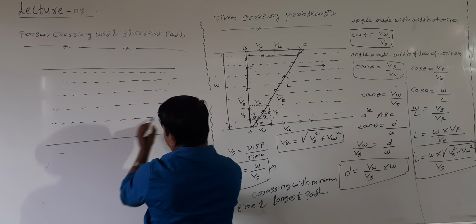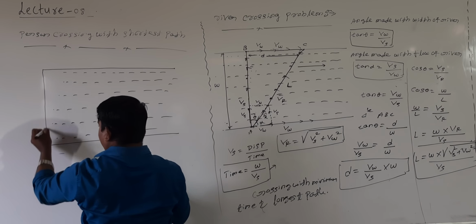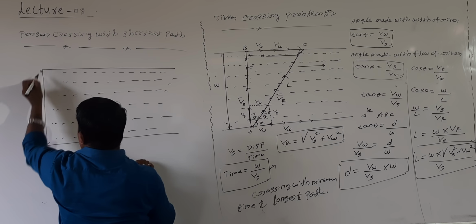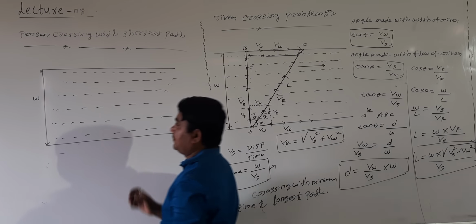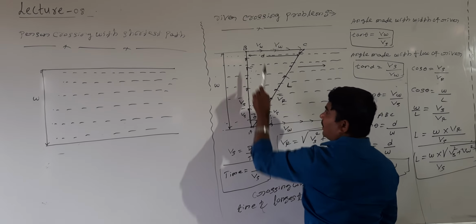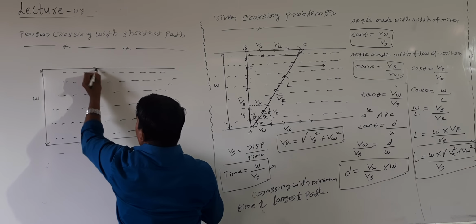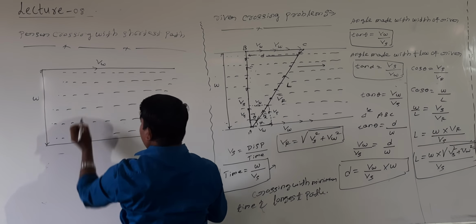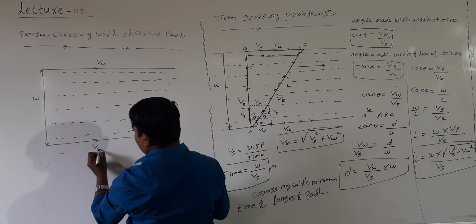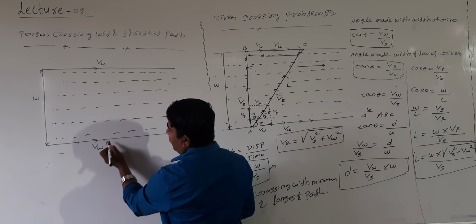Right. This is nothing but the width of the river. Shall I represent it? This is nothing but the width of the river. Right. In this case, what happened? Person moving like this. Remember, this is the flow of the river in this direction with velocity Vw. Now the person starts from a point.